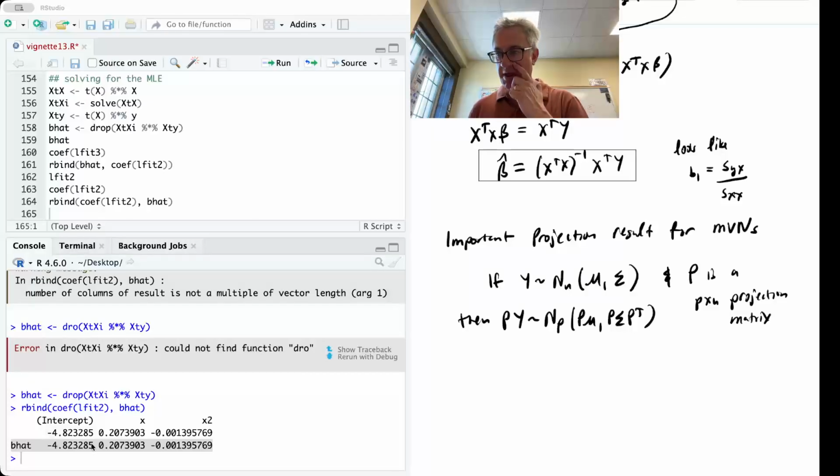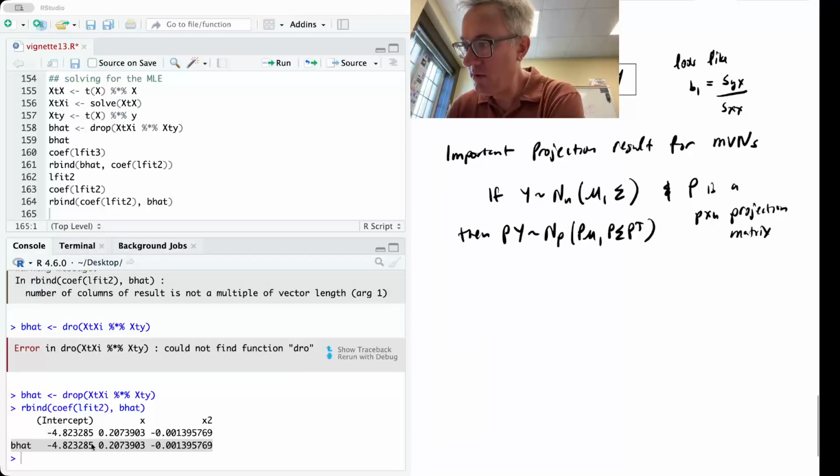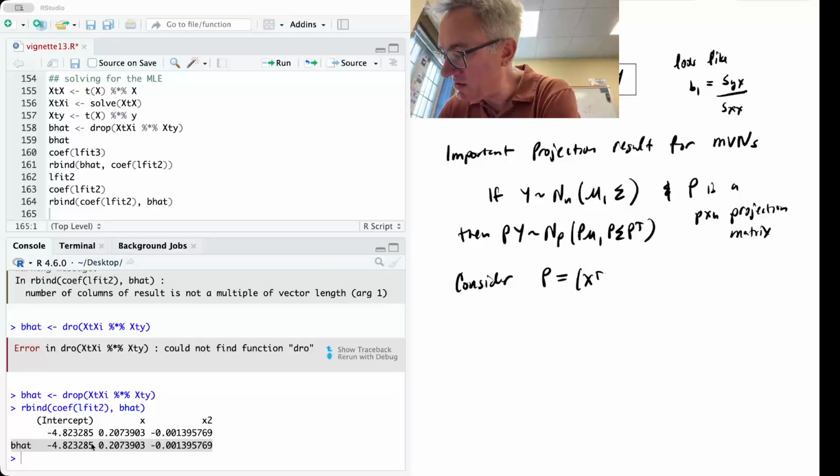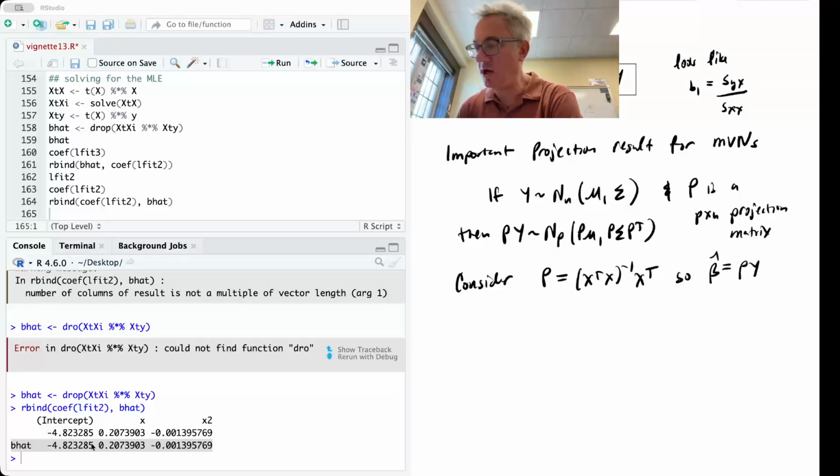Okay, so why am I telling you this? Consider the following projection, which is (X transpose X) inverse X transpose, so that we can write beta hat as a projection of Y. So look at this formula here.